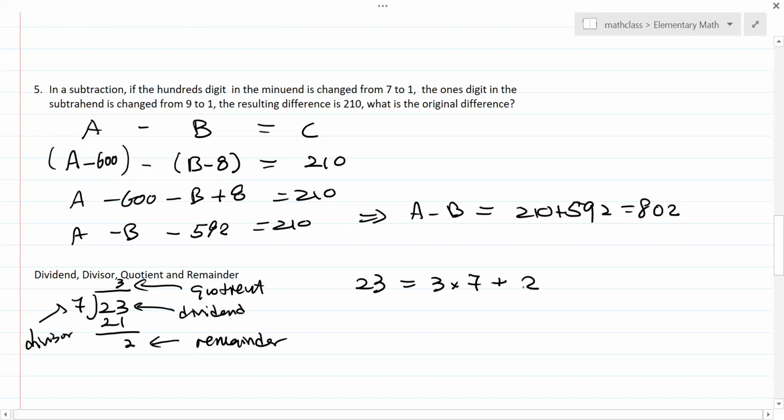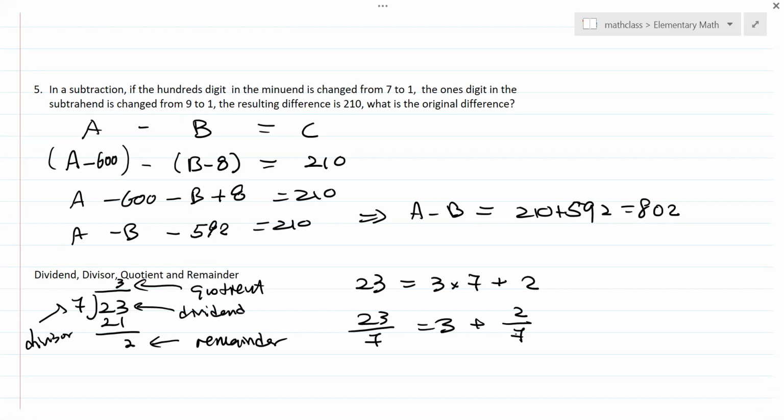You can also express it in the following way: 23 divided by 7, you get a quotient, and the remainder is still there, so you still have to divide 2 by 7. You divide both sides by 7. 23 over 7, and 3 times 7 over 7 is just 3, and 2 over 7 is just 2 over 7. So 2 is not divisible by 7, so it just stays there. But 2 is already smaller than 7, so that's called the remainder.